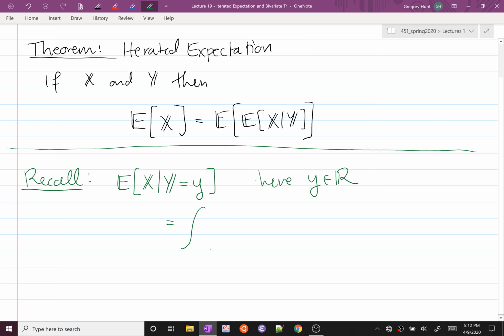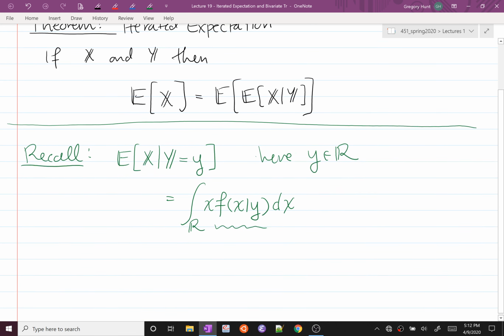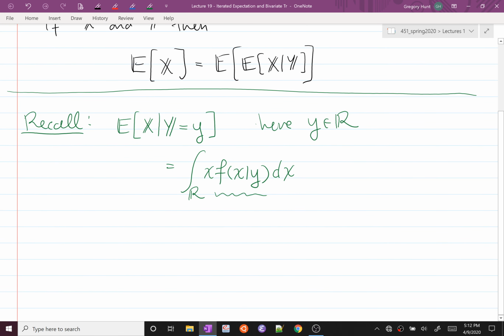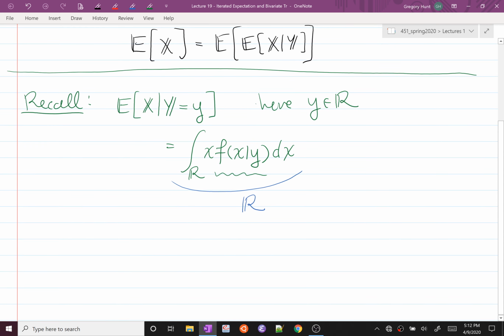It was the integral of x times the conditional PMF of X given that value little y, and we integrate with respect to x. So it looks a lot like the expected value of X, except instead of f of x, we now have f of x given y.